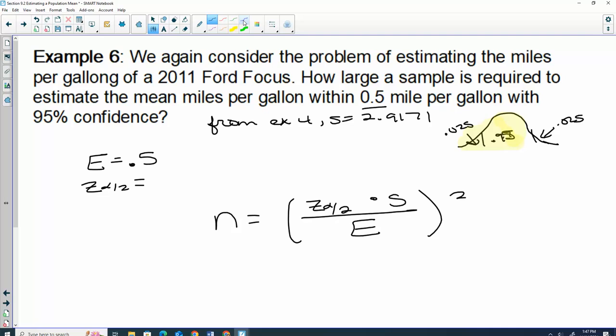And the z that matches that is 1.96. Is everyone okay with where I got that?